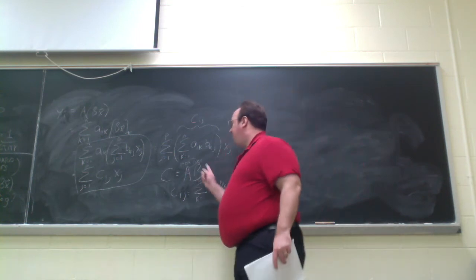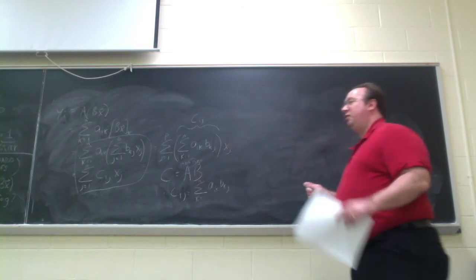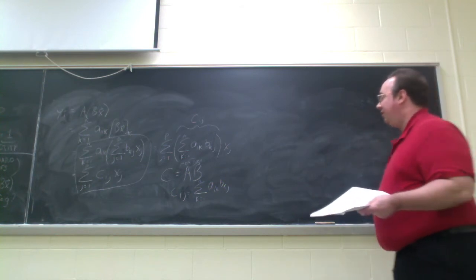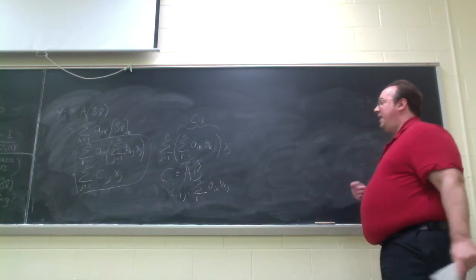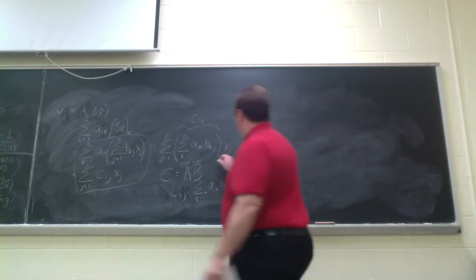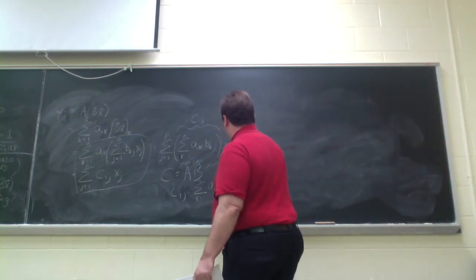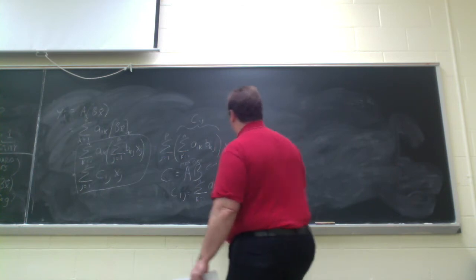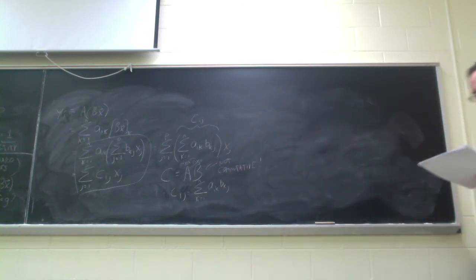Now, this operation doesn't even make sense to go both ways unless the two matrices are square and the same size. But even if M, N, and P are all equal, so you could compute AB and BA, in general matrix multiplication is not commutative, unlike ordinary multiplication.